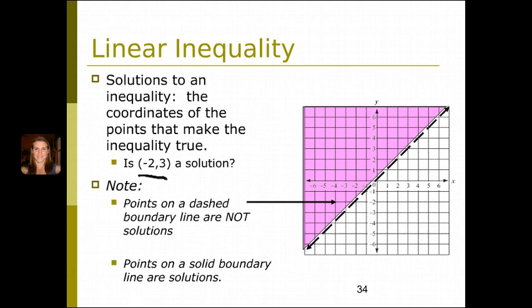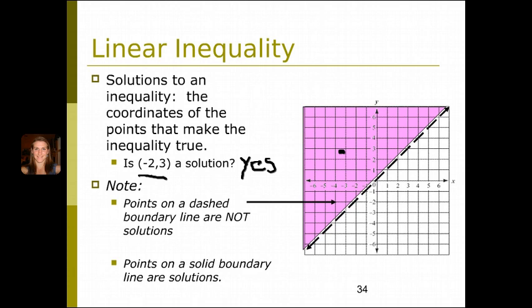If we look on this graph and we go to the left for -2, up 3, this point would fall right about here. It is within the shaded region, therefore the answer is yes. This ordered pair is a solution to this inequality.